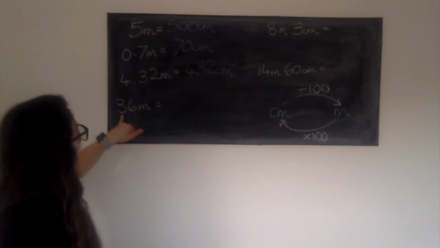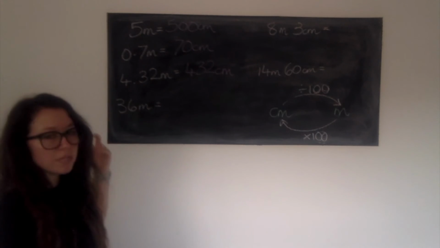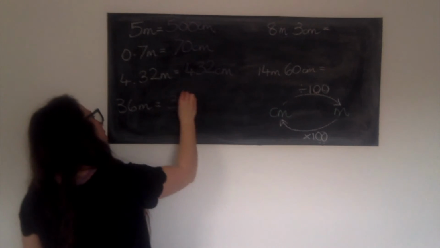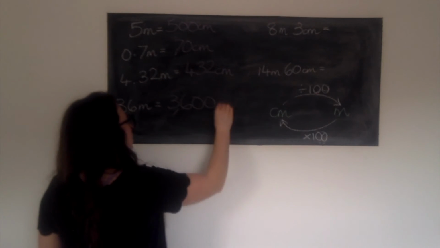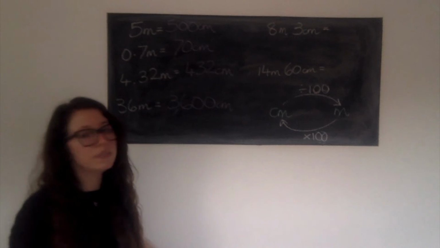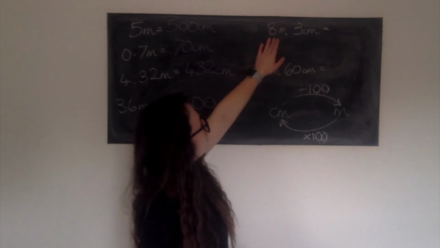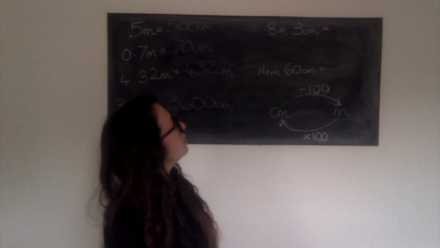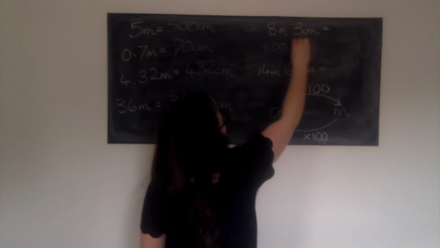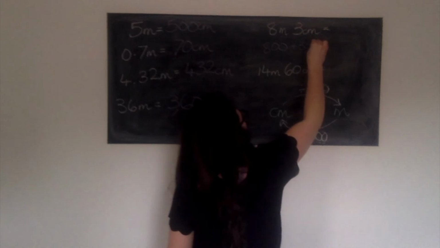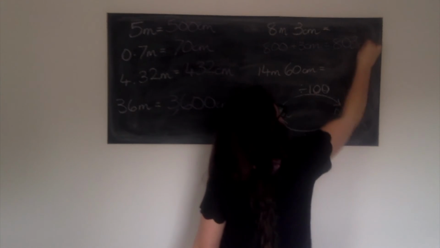Different with this one, 36 metres, so timesing it by 100 gives us 3,600 centimetres. And then these, we had to convert them into centimetres. So first of all, I would think about your metres, so 8 metres is the same as 800 centimetres, plus 3 centimetres, and that will give you 803 centimetres.